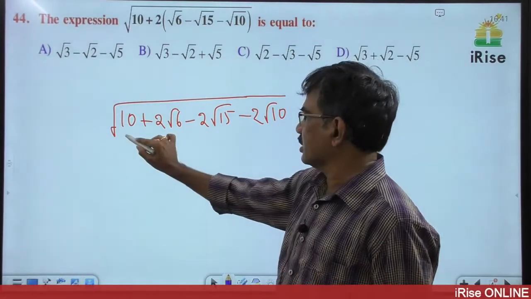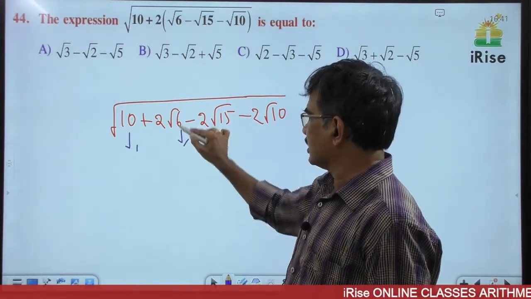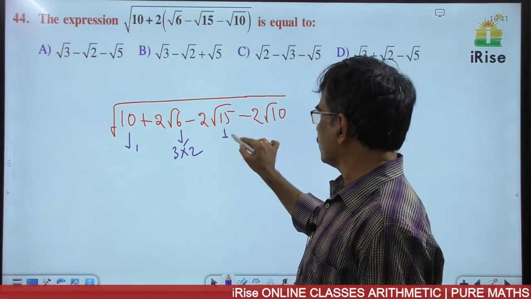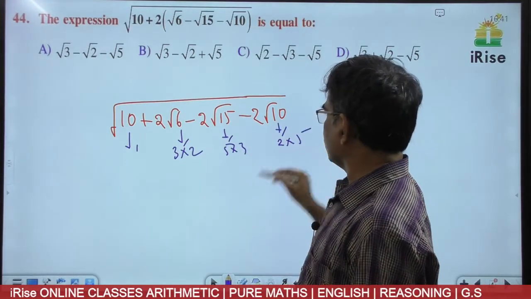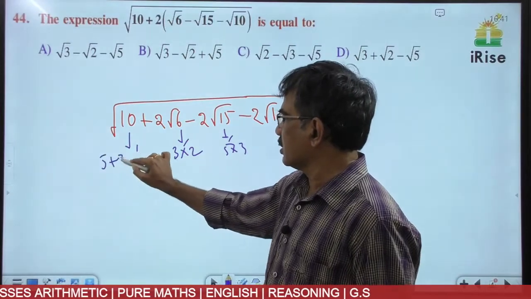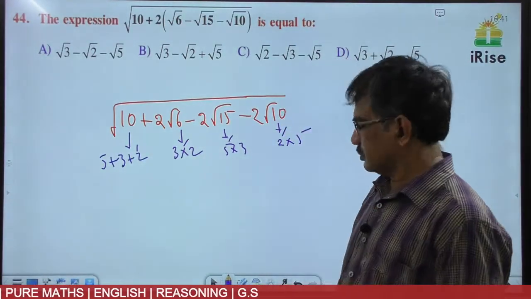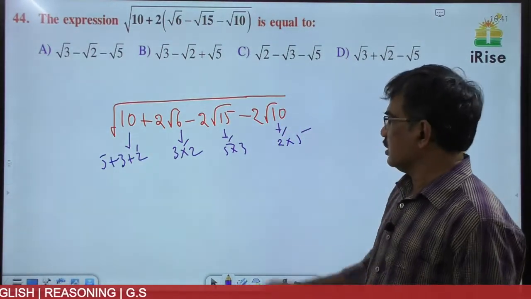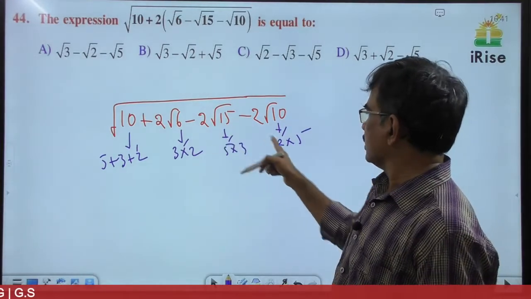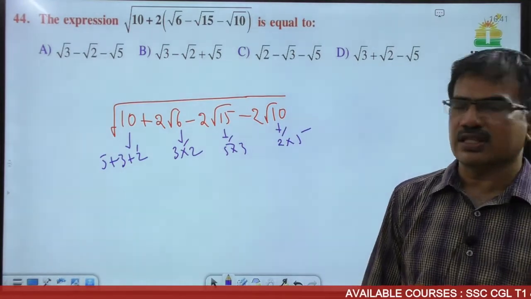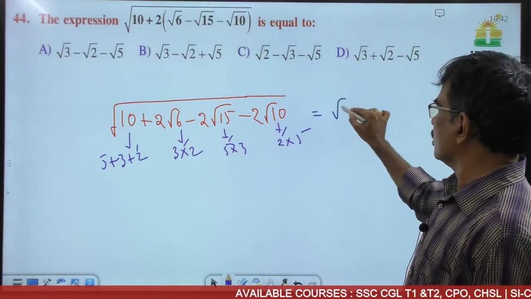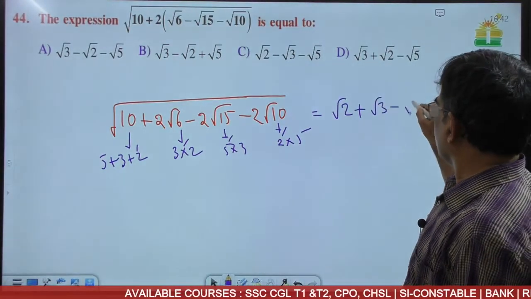I want to write this 6 as 3 into 2, this is 5 into 3, this is 2 into 5, this is 5 plus 3 plus 2. In this, 5 into 3 is negative, 5 into 2 is negative, so indirectly the 5 is negative. So the answer for this question is root 2 plus root 3 minus root 5.